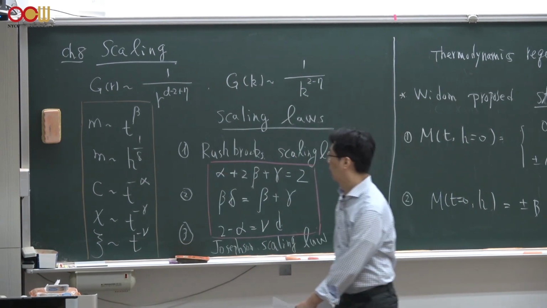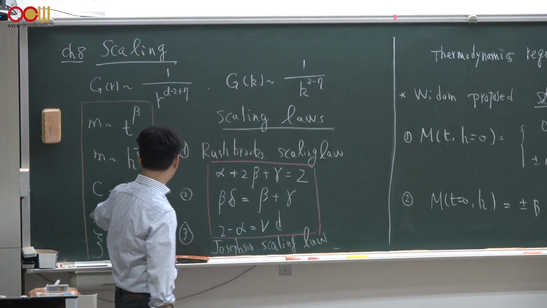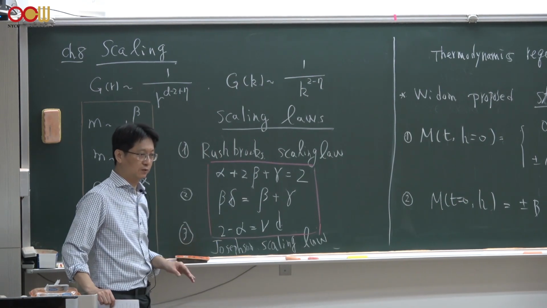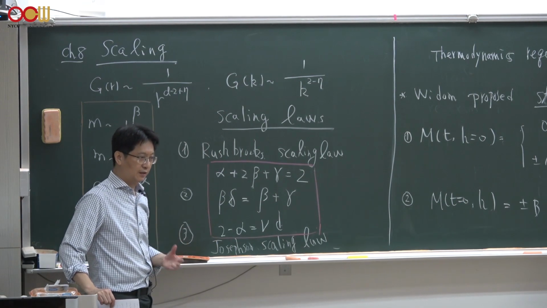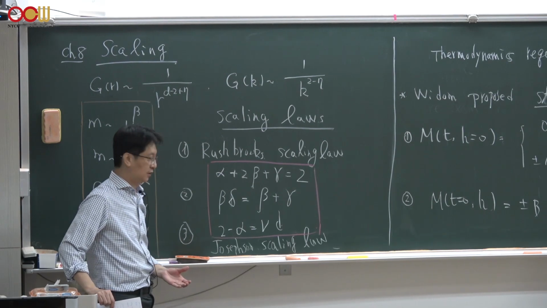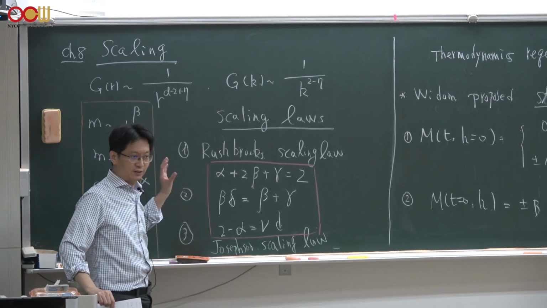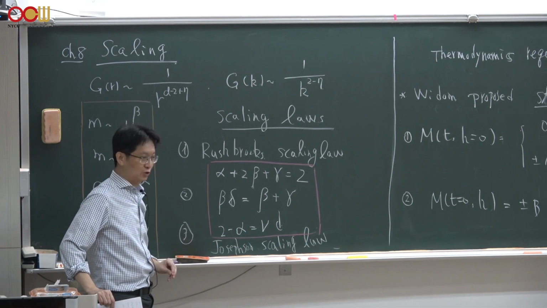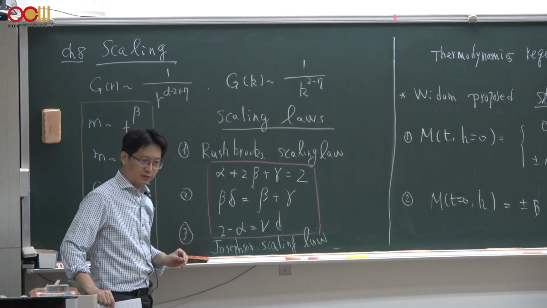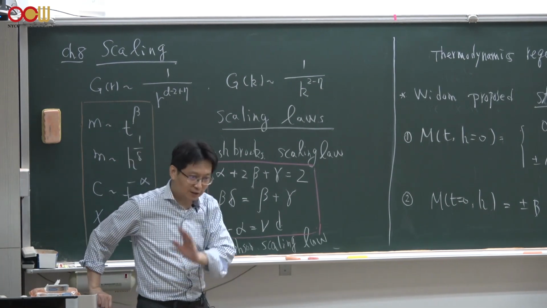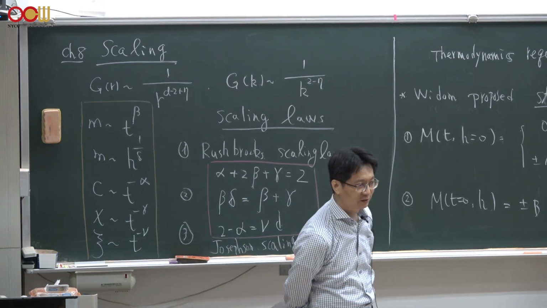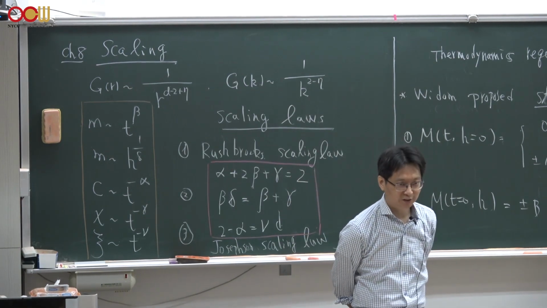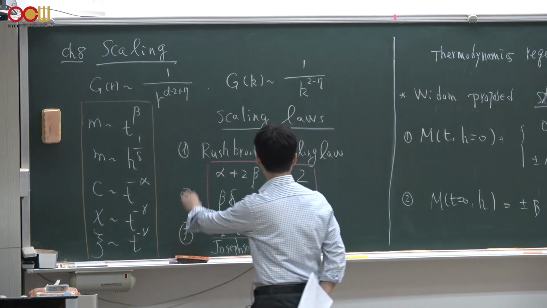So all these alpha, beta, gamma, delta, and nu are called critical exponents, and they could be either calculated or measured in experiments. But this is not what this chapter is about. The chapter is about the fact that these exponents are not independent variables. They are related to each other by so-called scaling laws.